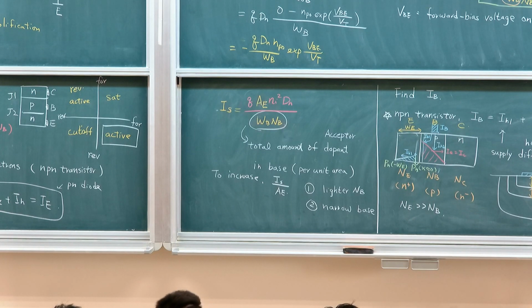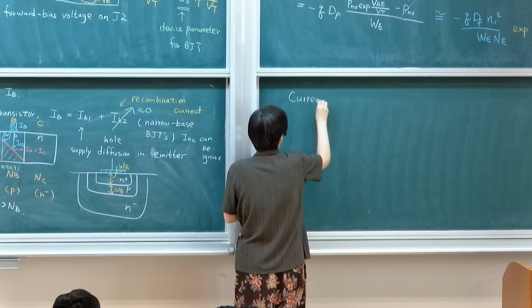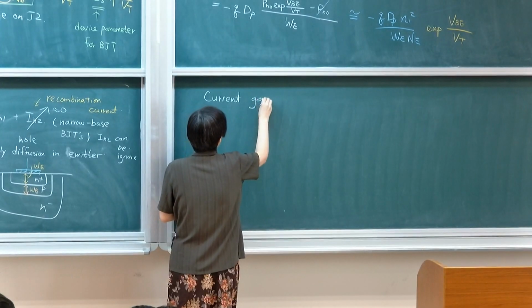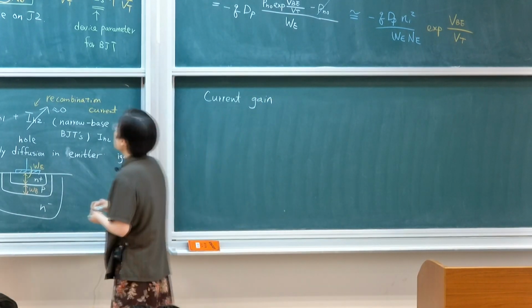So one of the key parameters for this device is called the current gain. You want to evaluate this device by looking at its current gain. So what is the current gain by definition? There are typically two very important parameters in describing a bipolar junction transistor.